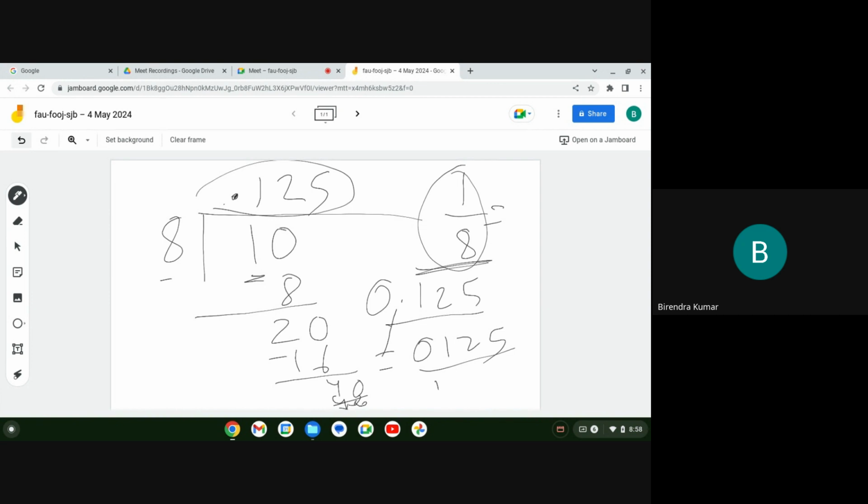This decimal brings 1, and then we have 3 digits. So 1, 2, 3. 125 by 1000. So 1 by 8 is nothing but a simplified form. You can always write 125 into 8 equals 1000. So anyways, don't get confused about this one.